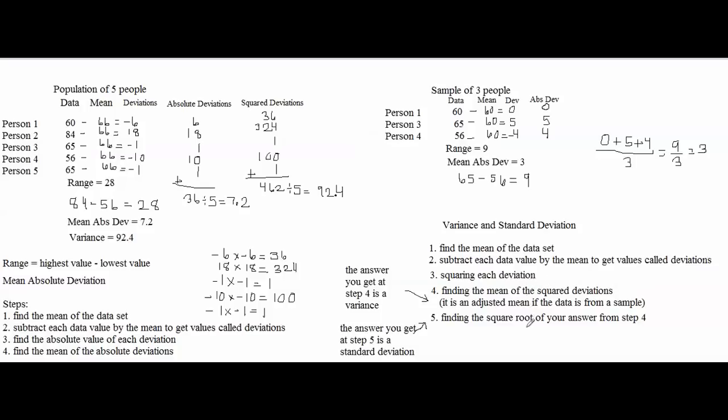If you go one step further and find the square root of the variance, you get a number called the standard deviation. So this was our variance. If we find the square root of the variance, we get the standard deviation.